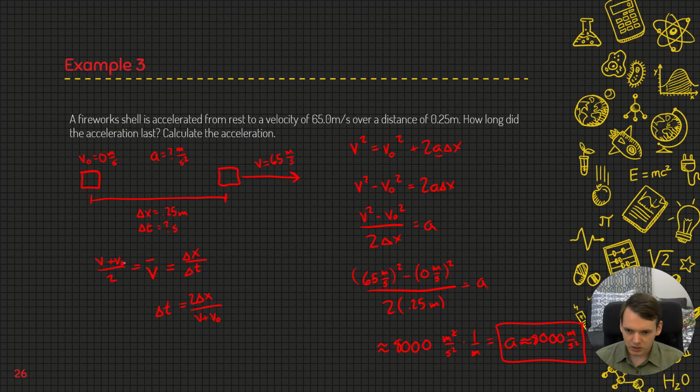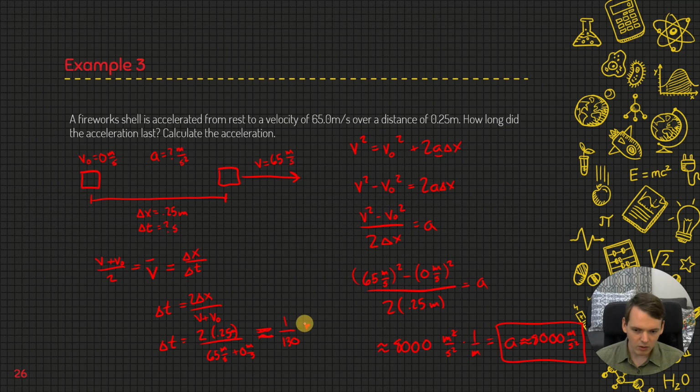Let me just double check, make sure that looks good. Yeah, I think so. So then delta t equals 2 times 0.25 over 65 meters per second plus 0 meters per second. Meters go in there. And we'll get 0.5 over 65, which means we get exactly 1 over 130.